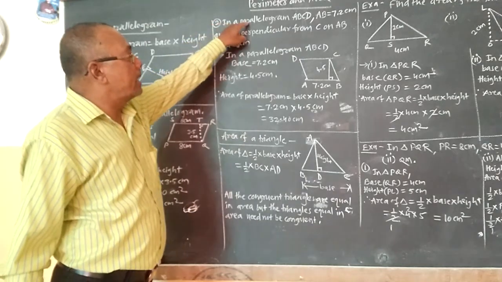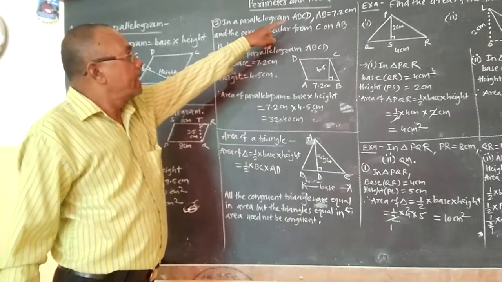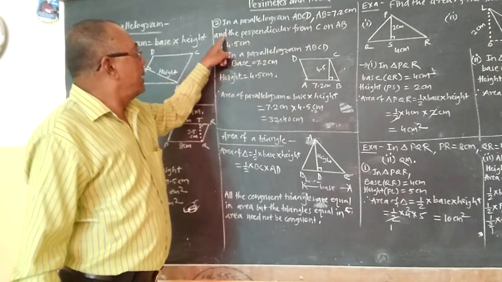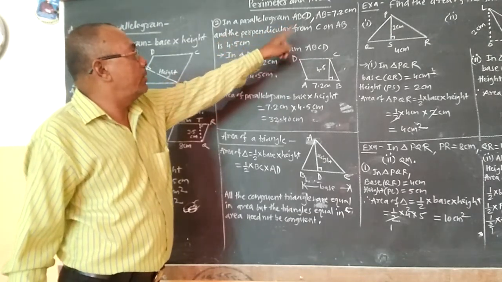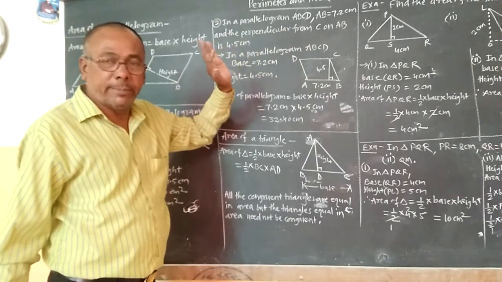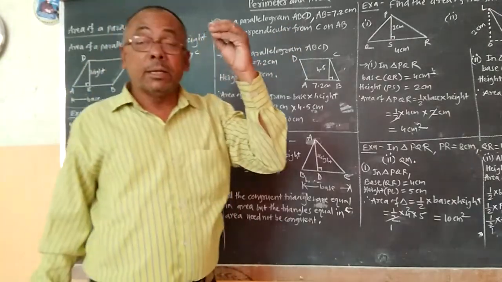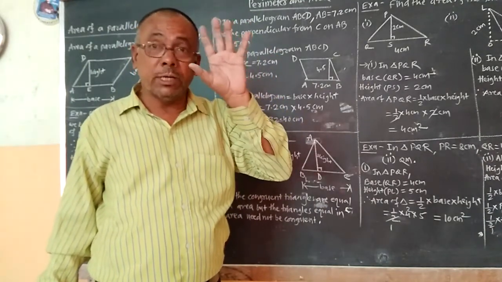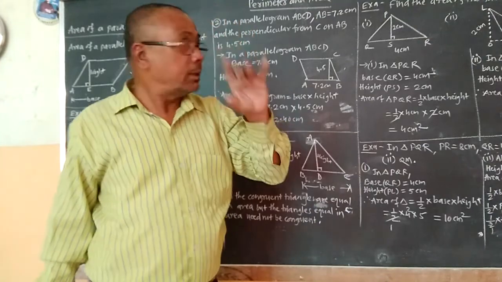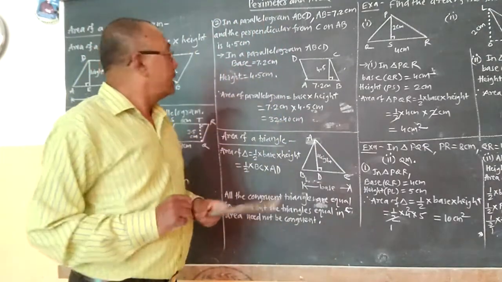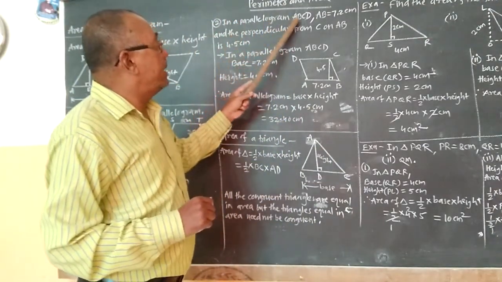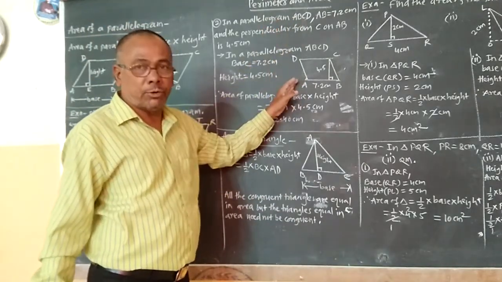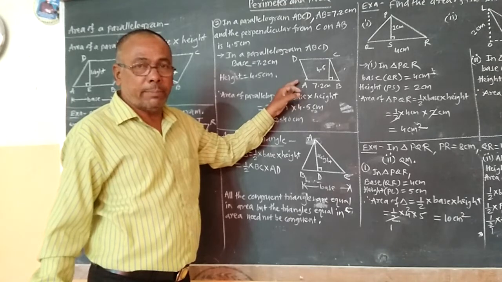Here in a parallelogram ABCD, AB is equal to 7.2 cm, and the perpendicular from C on AB is 4.5 cm. Here which is base and which is height is not given, so we have to think about the question carefully. According to the given information, I have drawn the figure of parallelogram ABCD.